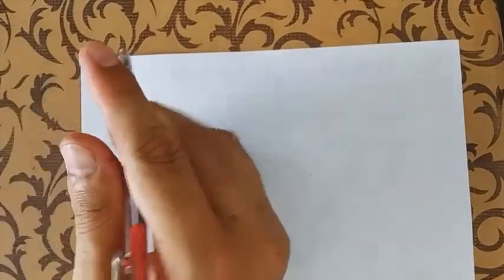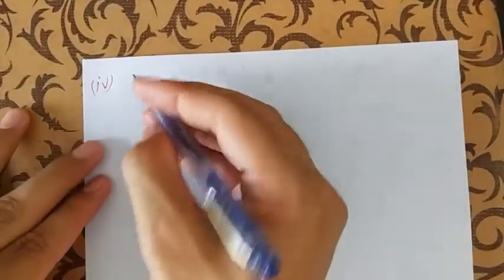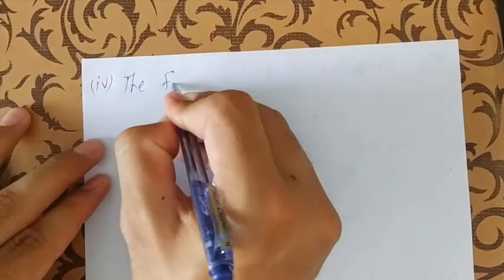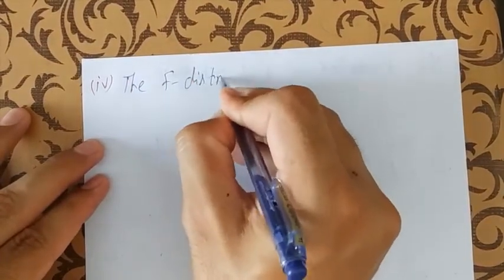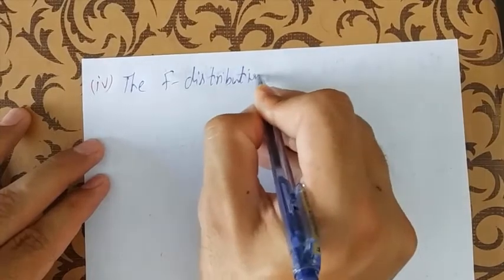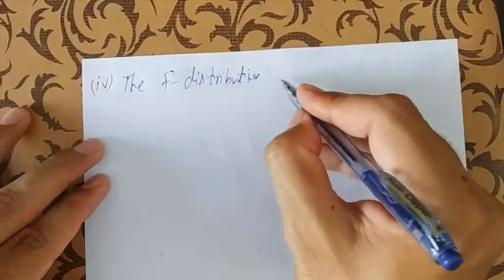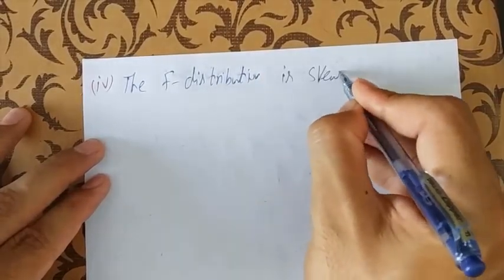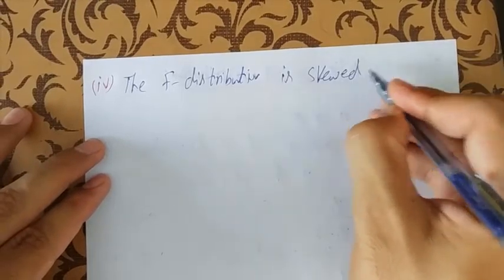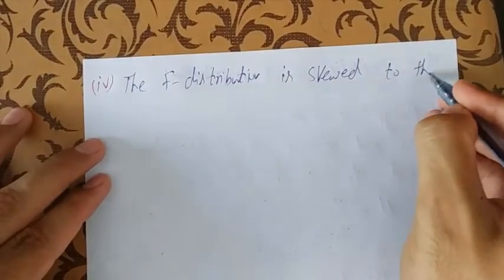In the fourth step, the F distribution is skewed to the right.